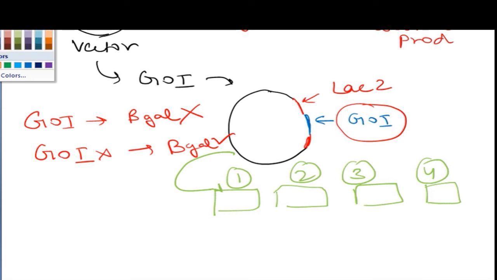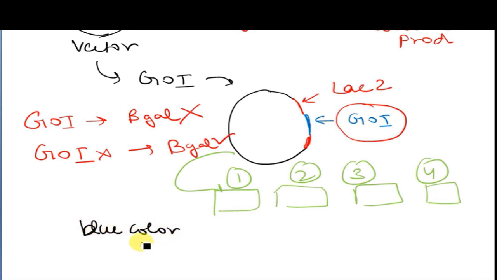So the X-gal would be utilized by these bacteria, and only where the transformation has not taken place, or only where the gene of interest has not been attached to the vector, only at those places the blue color would appear in the colonies.